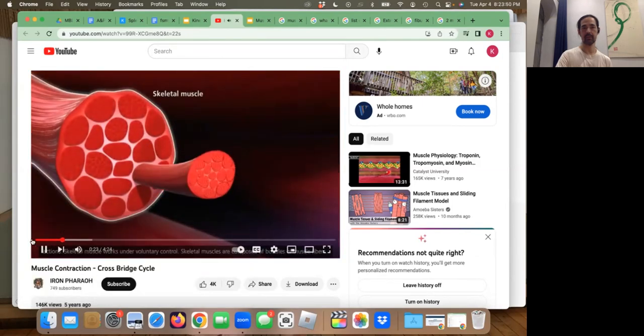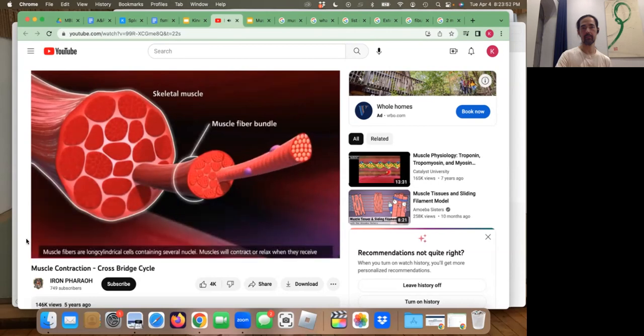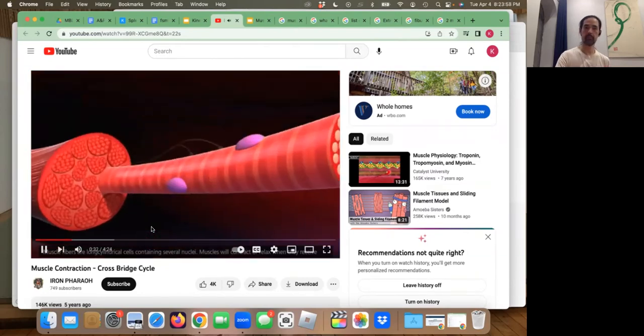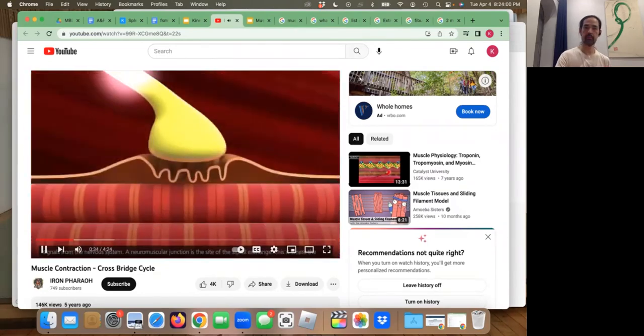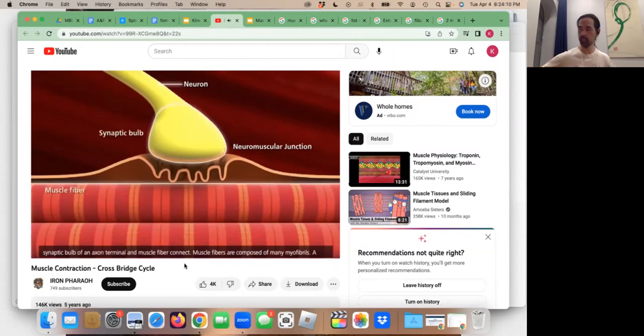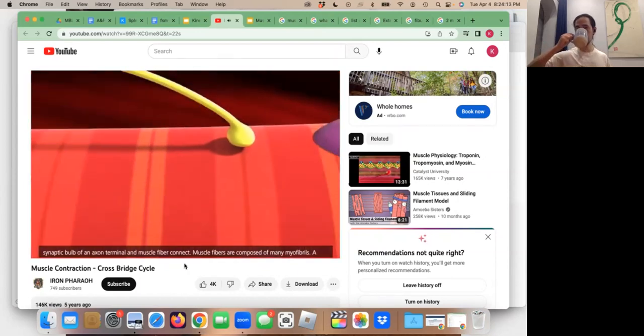Muscle fibers are composed of bundles of muscle fibers. Muscle fibers are long cylindrical cells containing several nuclei. Muscles will contract or relax when they receive signals from the nervous system. A neuromuscular junction is the site of the signal exchange. This is where the synaptic bulb of an axon terminal and muscle fiber connect.